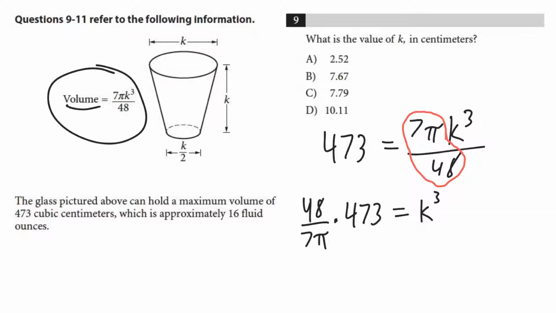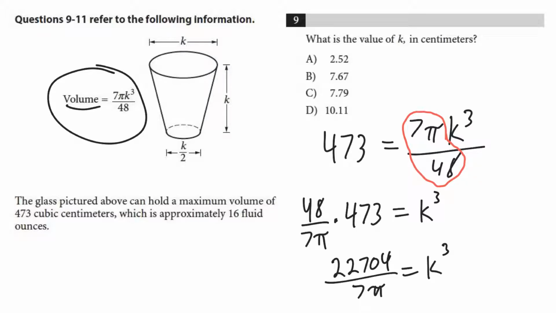Okay, well, I'm going to use my calculator for this. I get 48 times 473, that's 22704 divided by 7 pi equals K cubed.